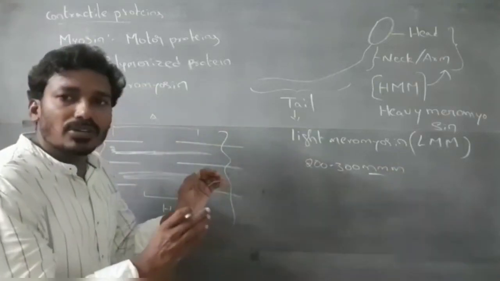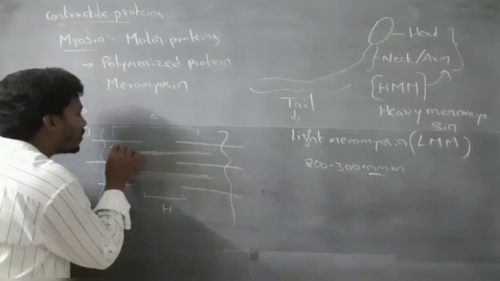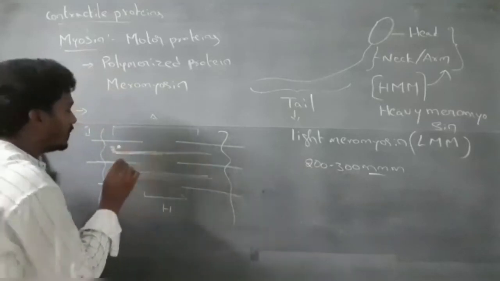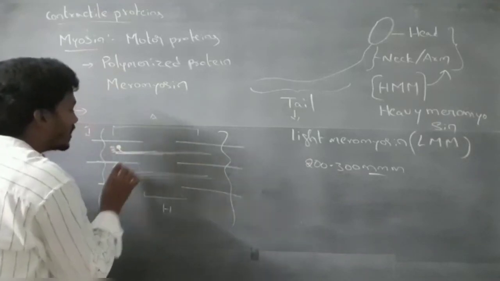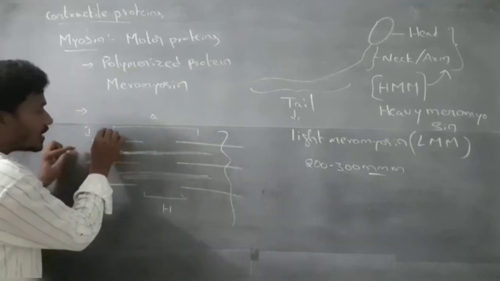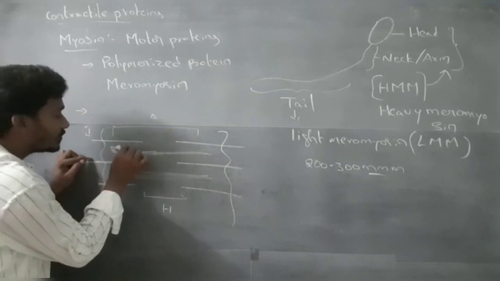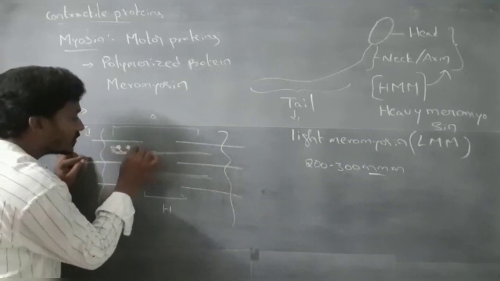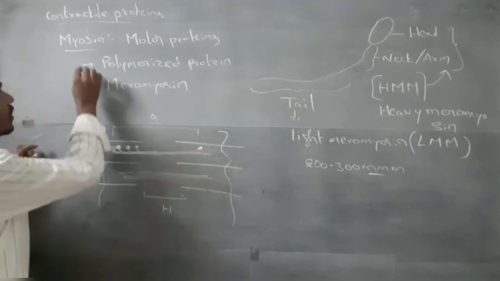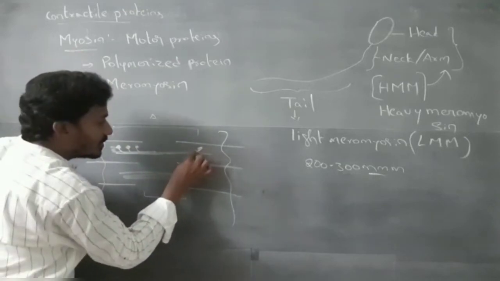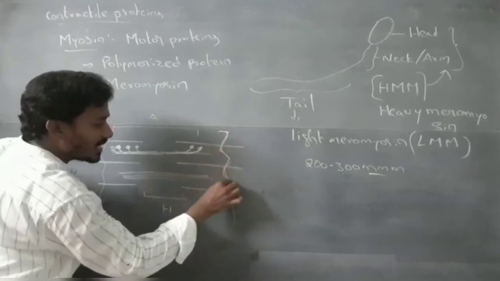Half of the meromyosin molecules have their heads present towards one Z line. The other half of the meromyosin heads are towards the other Z line of the same sarcomere.